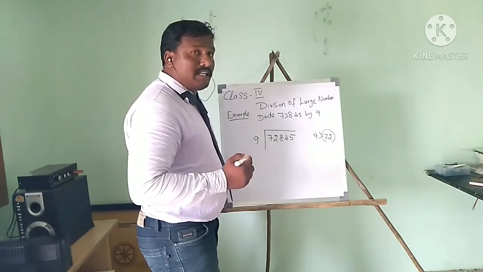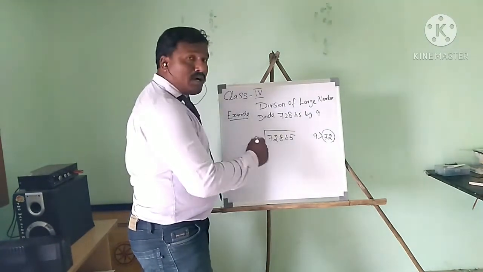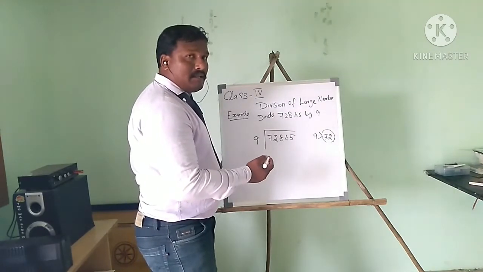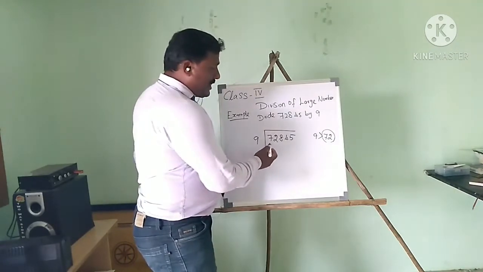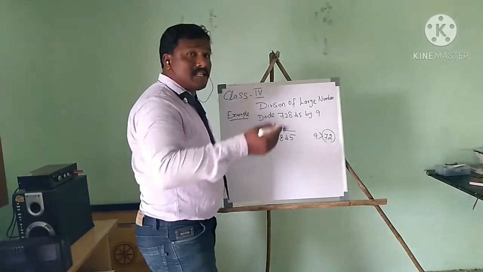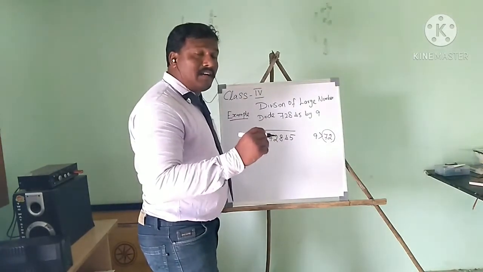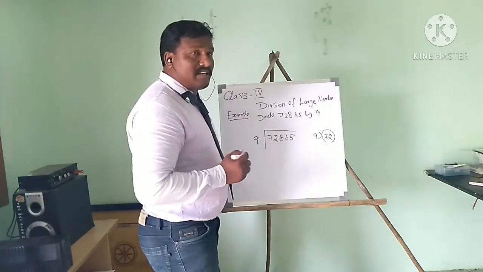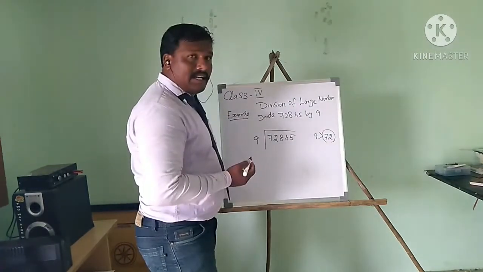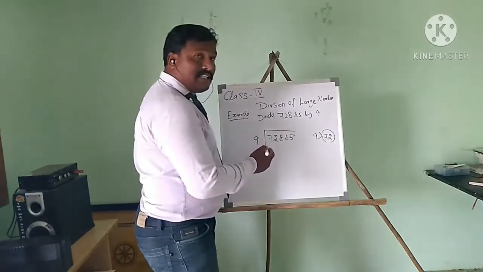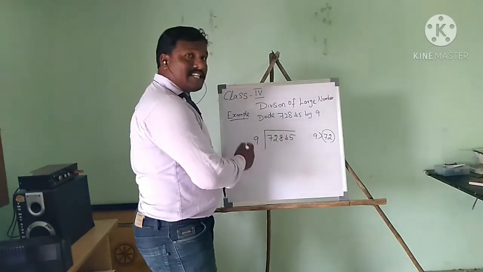When you are dividing any number, you have to check that the dividend is always bigger than the divisor. Now see, compared with 9, 7 is small: the dividend is small and the divisor is big.